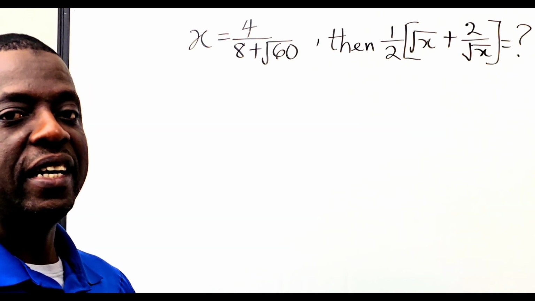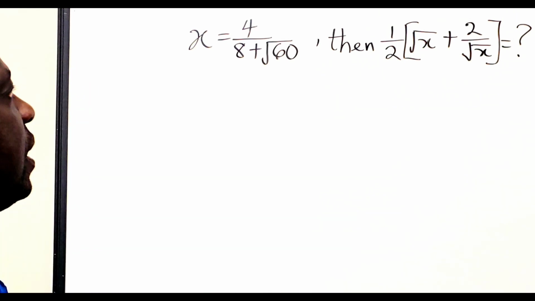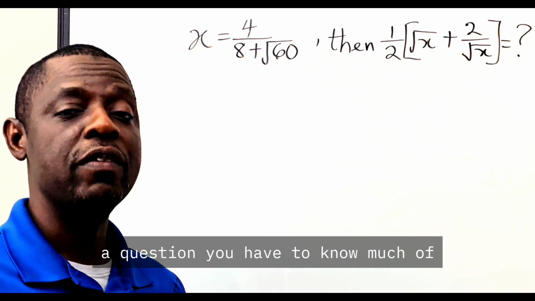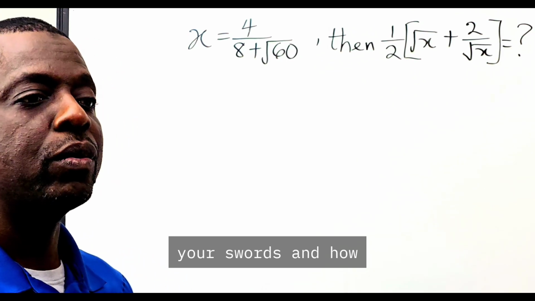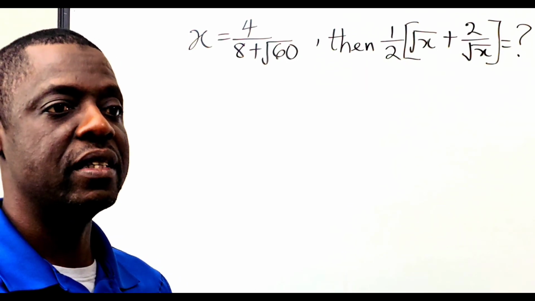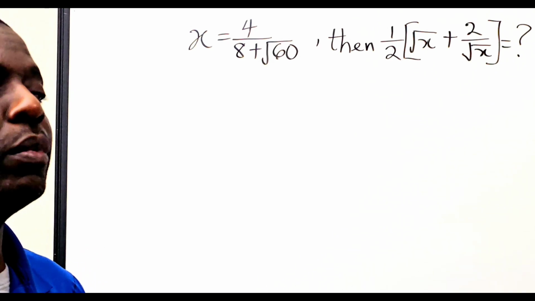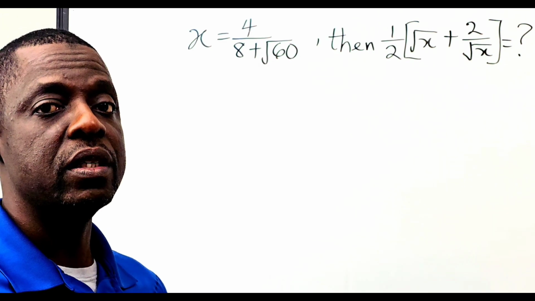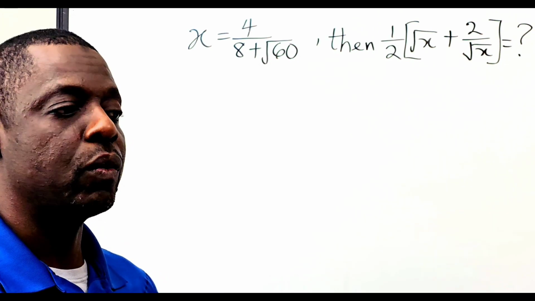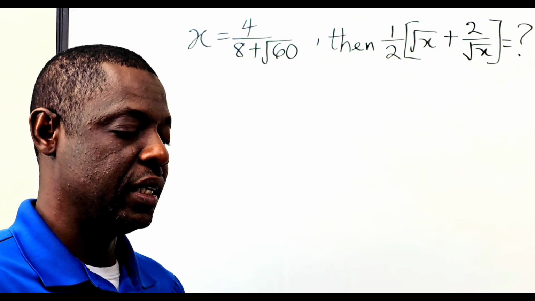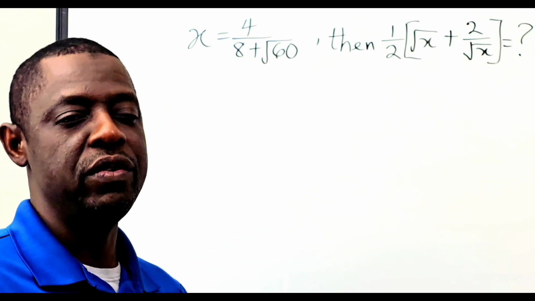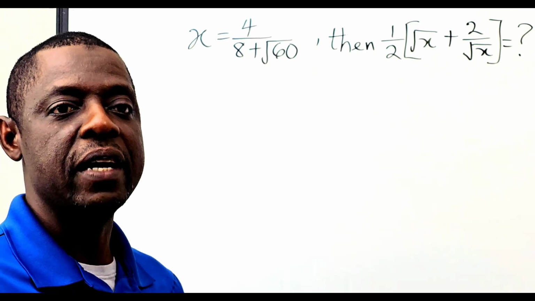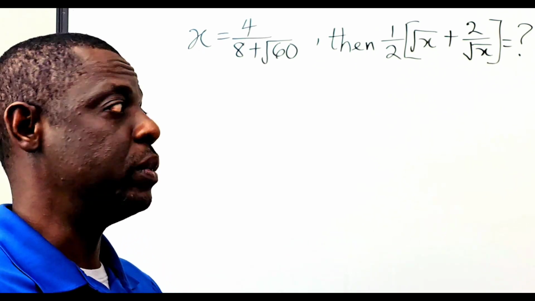It is a kind of question where you have to know much of your surds and how you can rationalize the surd, and you should be able to look into the conjugate surd and see what happened from there. And also, you should know much of your algebra formulas. If you know all these, it will be easier.